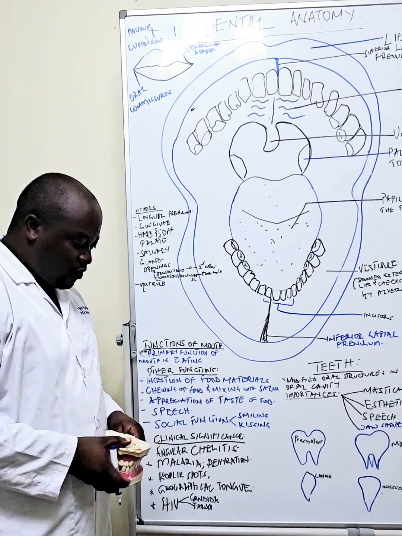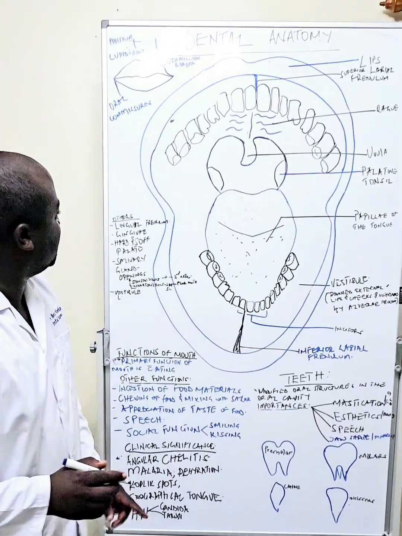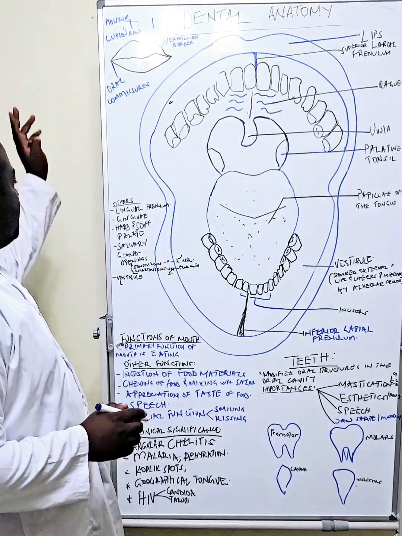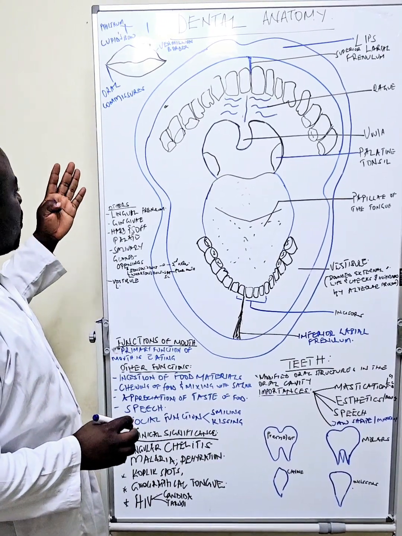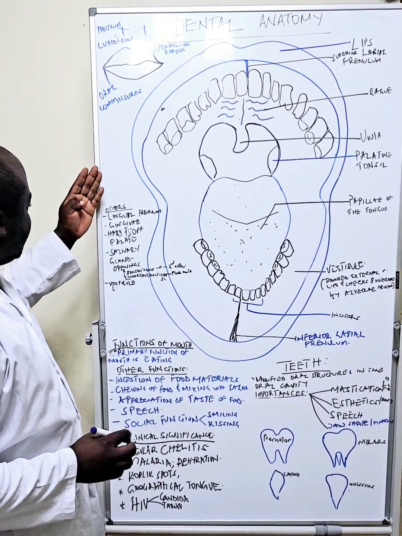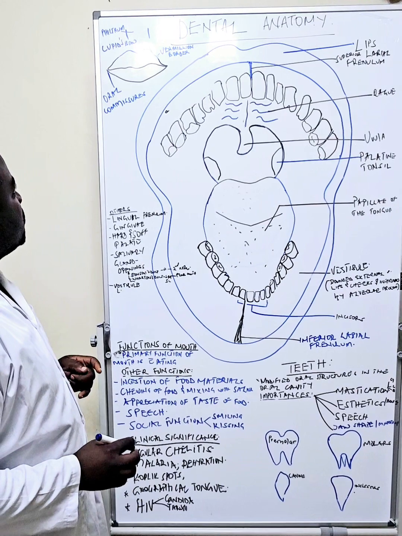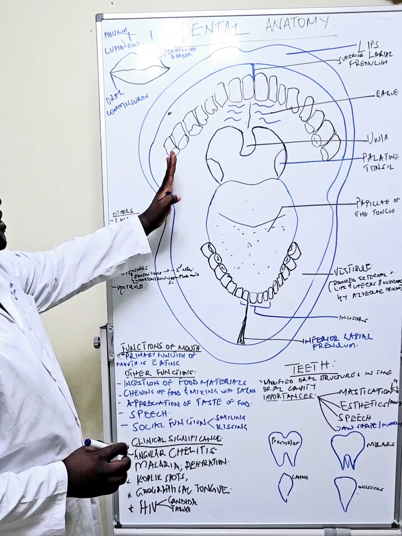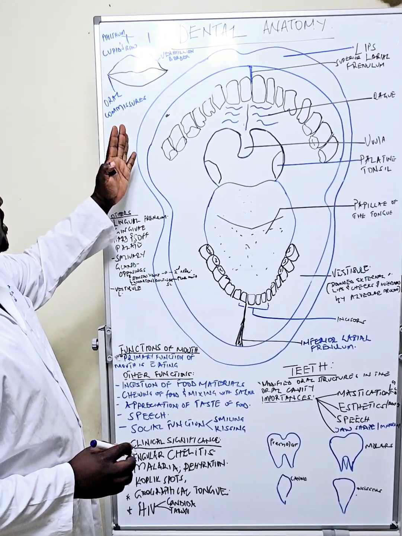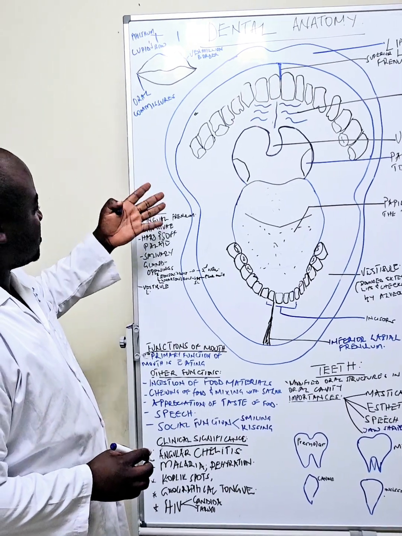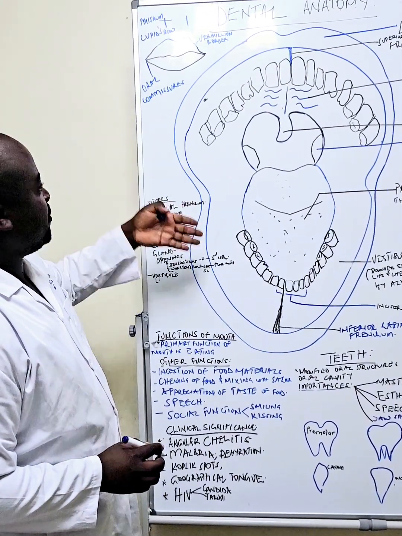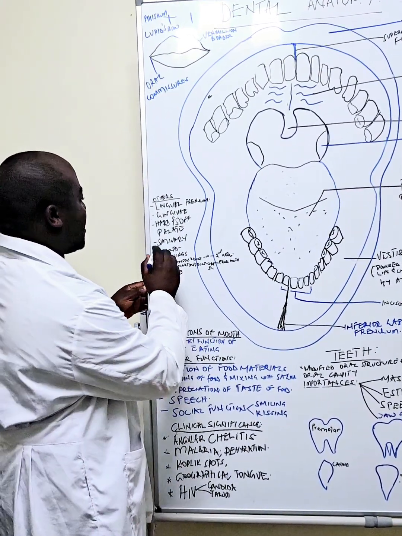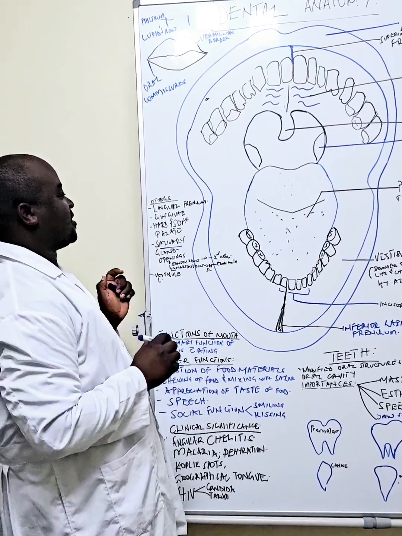Yes, so before we go to the clinical significance, we need to mention one more thing that we did not talk about. Of course, it's not in this picture, but it is important because it is helping in digestion. Those are salivary glands.